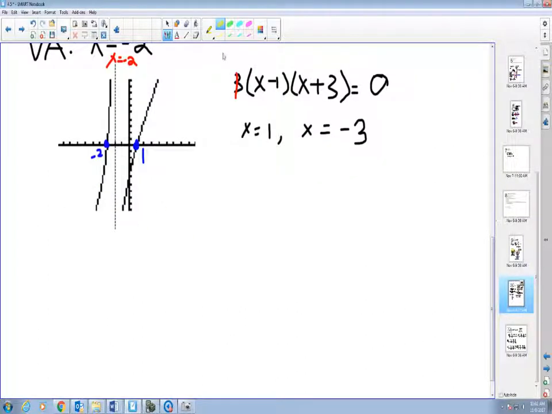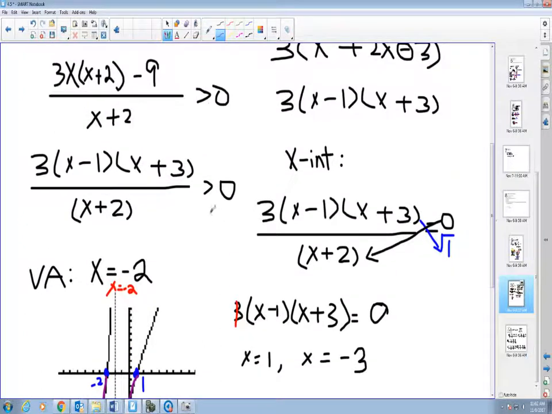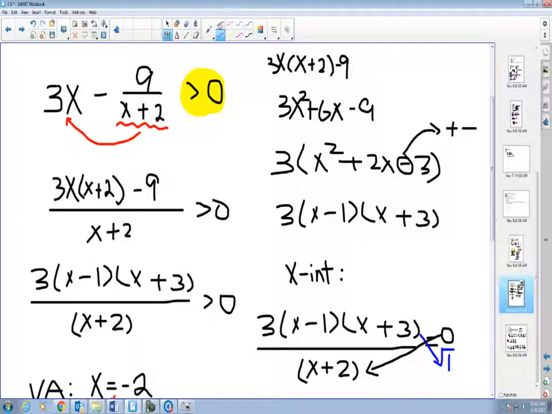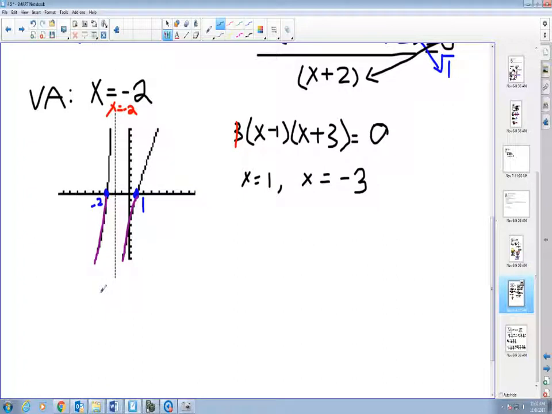That's referring to here and here. Alright, so no equal to, okay? No equal to. So from negative infinity all the way to negative 2 is below the x-axis.